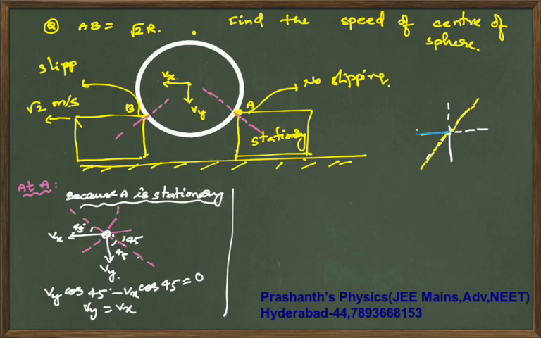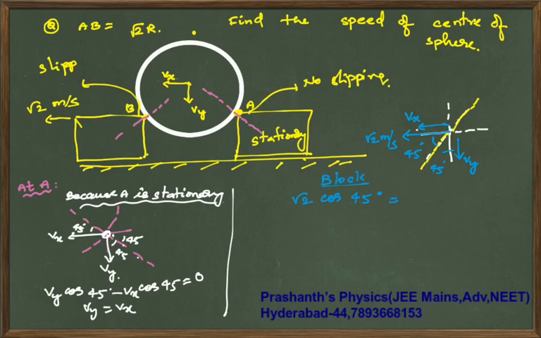So if you write, this is your root 2 meters per second velocity for the block, and for the sphere Vx and Vy are this way, which implies that along the yellow line this angle is 45 degrees. So root 2 cos 45 is the velocity component for the block along the common normal.